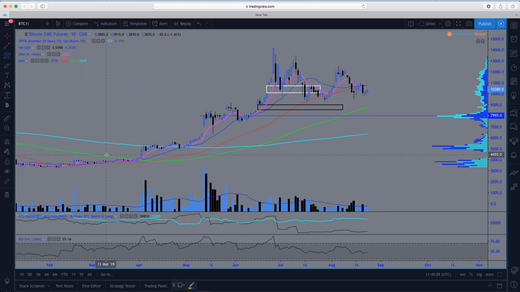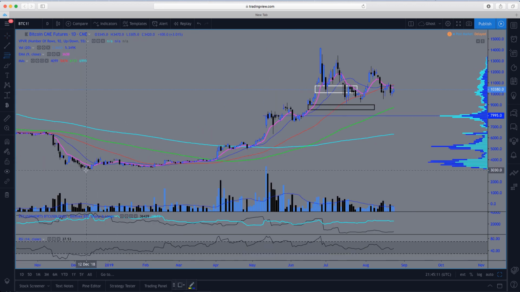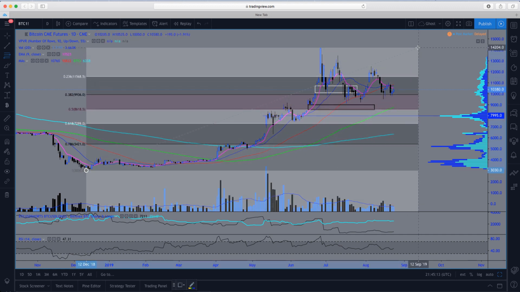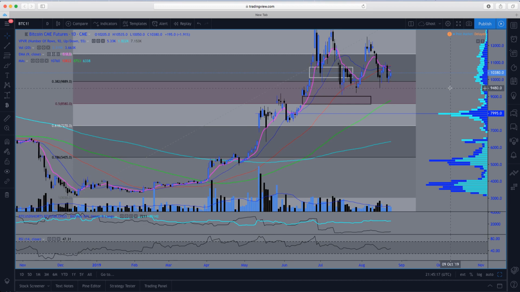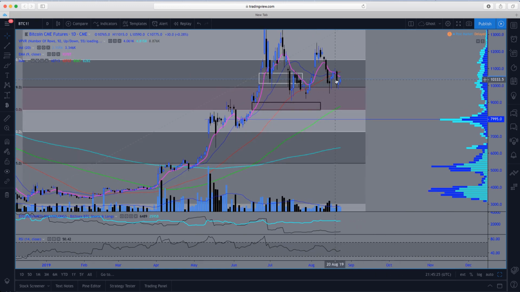But again, I looked at this in one of our last videos. Let's just take a quick look again. Got a fib extension here. And again, we could see confluence with our 0.5 fib. We could see this area for the gap. And we're basically a sneeze away. Again, I believe we're going to have some short-term bullish price action that could take us up to the top of this fib.